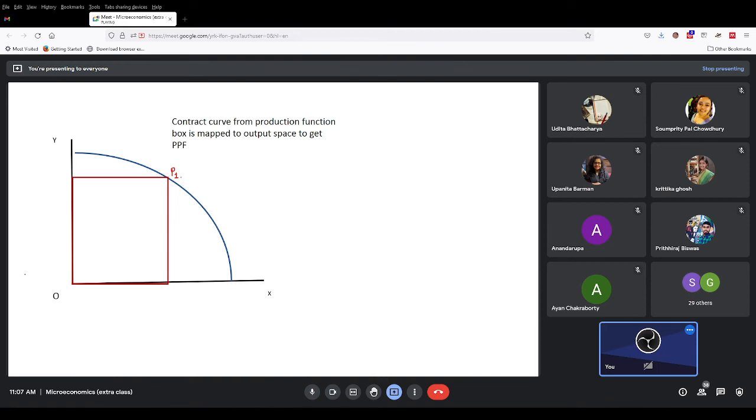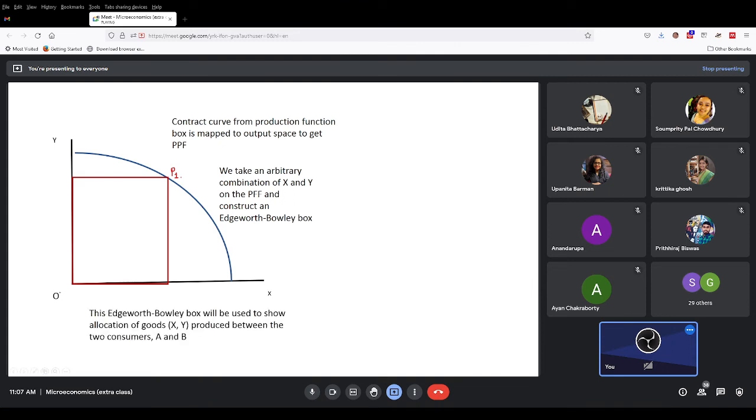So now, instead of OX and OY, we have a certain amount of X and Y, and remember there were two people, A and B, who were sitting quietly, waiting for their turn. And now they put up their hand and say, class, I was waiting very patiently for our commodities. We need our commodity bundles. So you have produced X and Y. Please distribute or allocate this between us.